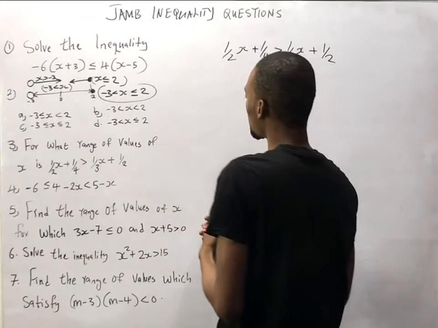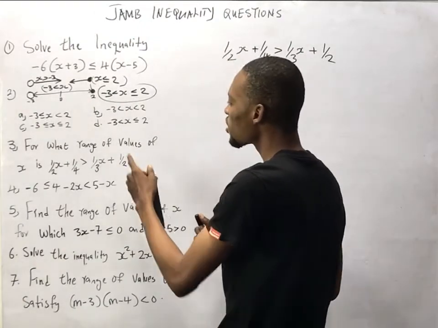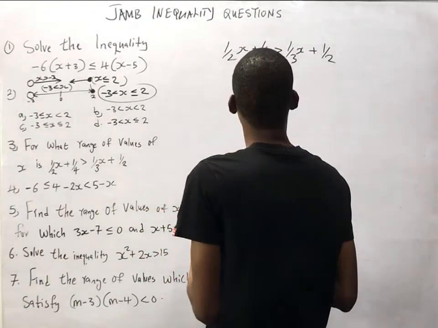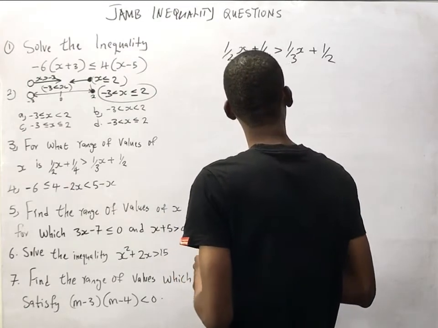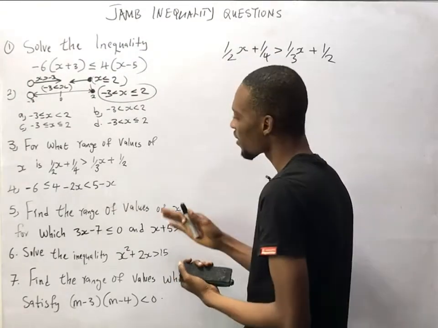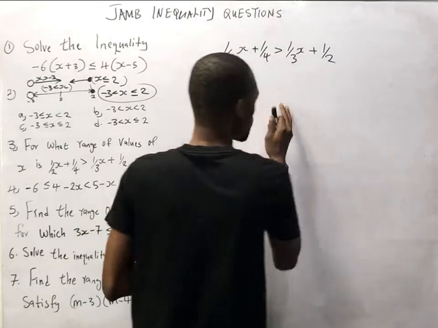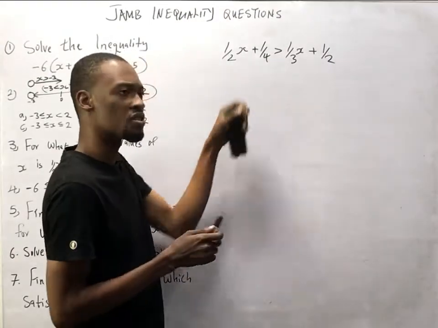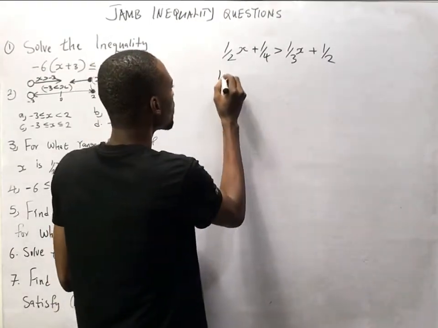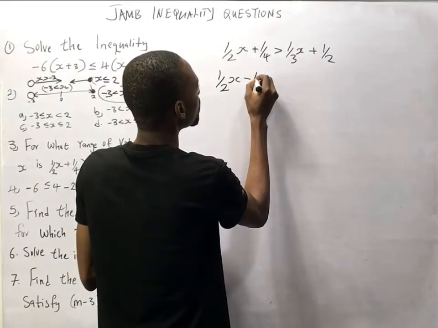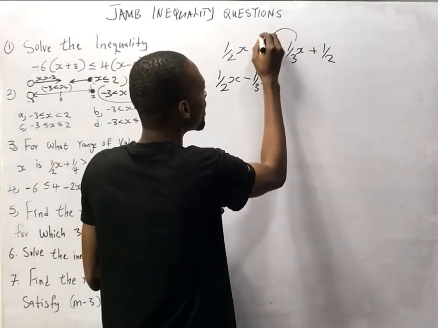So take a look at number 3. It says, for what range of values of s is 1 over 2s plus 1 over 4 greater than 1 over 3s plus 1 over 2? Given this type of question, we simply collect like terms. Here is 1 over 2s minus 1 over 3s, bringing this guy here.